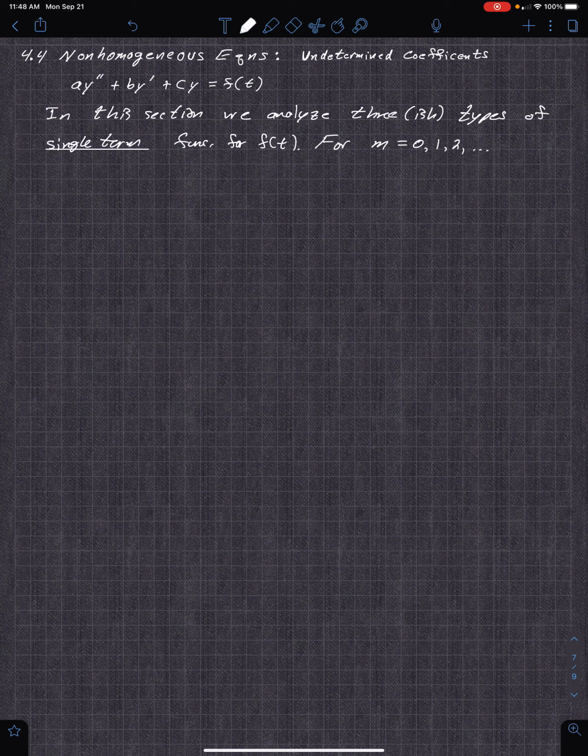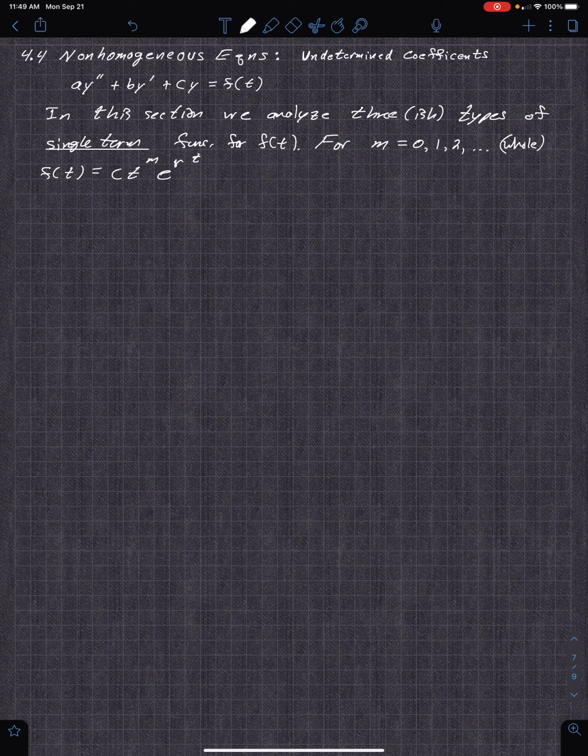So m are basically whole numbers, right? So the non-negative integers are the whole numbers. We're going to have f of t equal to c t to the m e to the rt. That's going to be one type.